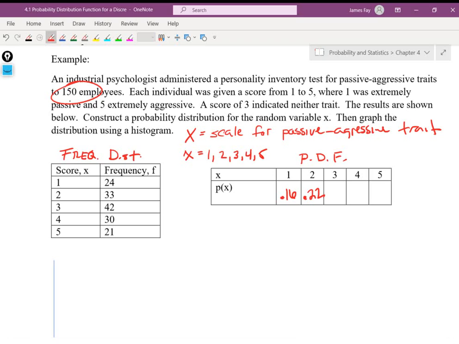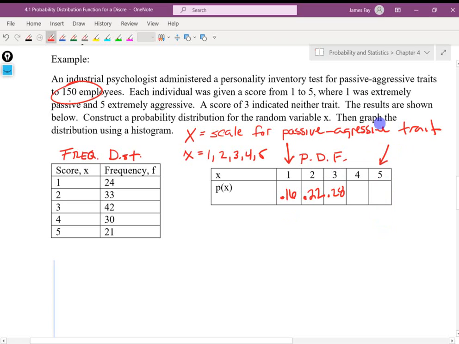42 people received a score of 3, so 0.28. Yes? Are they searching for passive traits and aggressive traits, or passive-aggressive traits? Well, they're saying this person is passive. Okay. So this person is aggressive. They're not saying they're passive-aggressive.